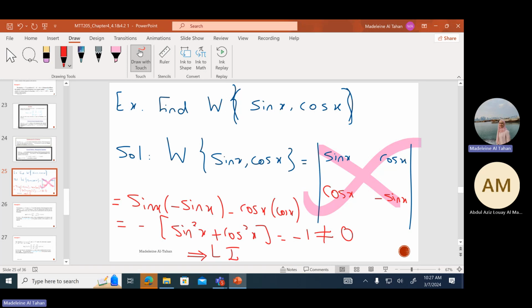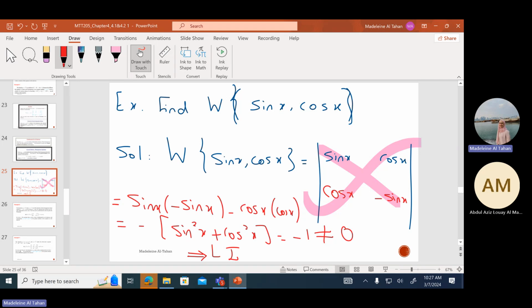Make sure that we understood this, please. Try e power x and e power x. E power x and 2e power x.